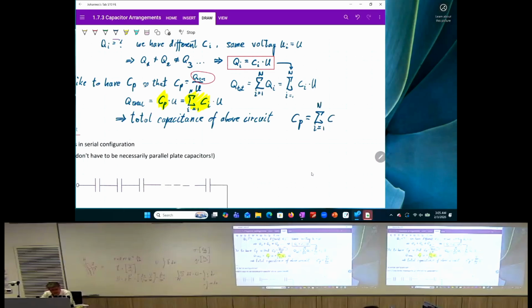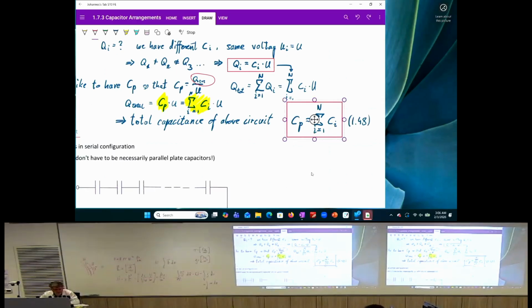So if you have a circuit where you put in several capacitances in parallel, the equivalent capacitance, which represents all these capacitances switched in parallel, is obtained by summing up the individual capacitances. This is equation 1.48. And now we have an equivalent circuit representation.